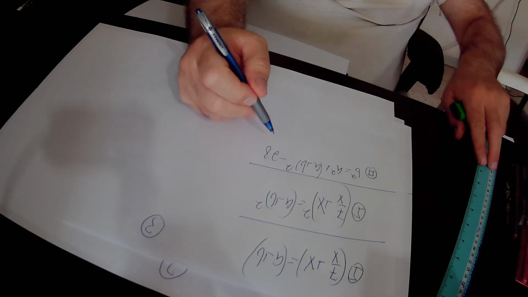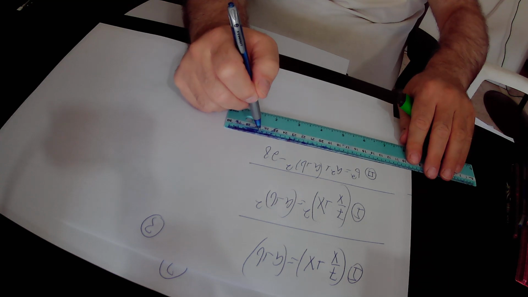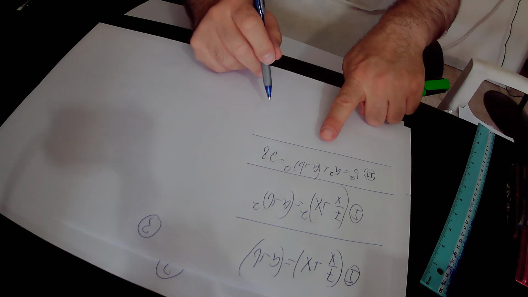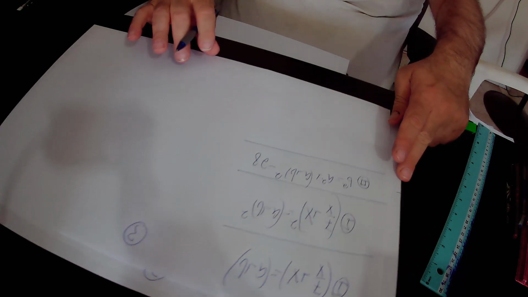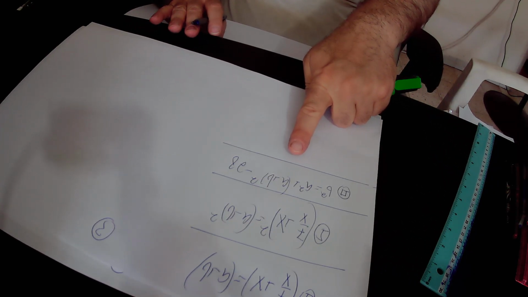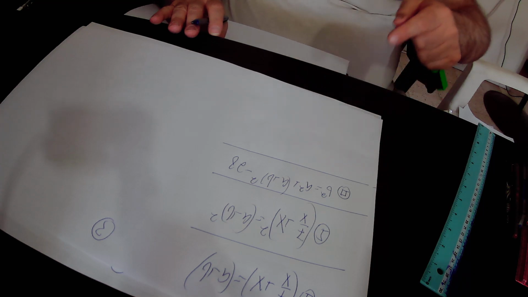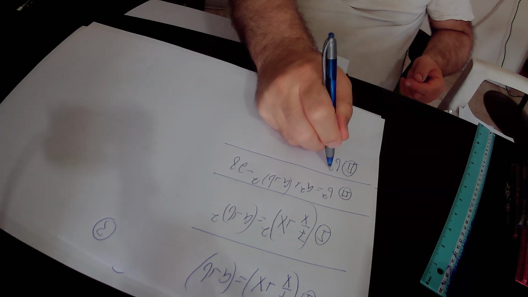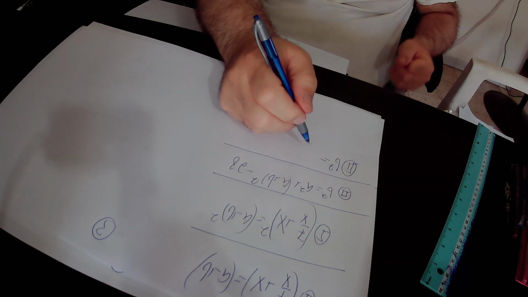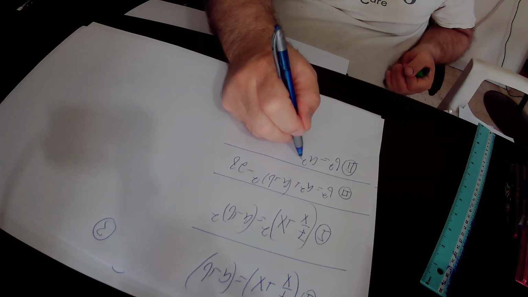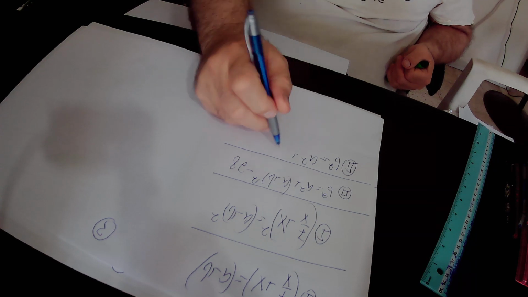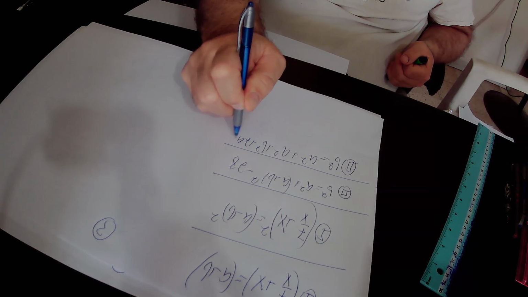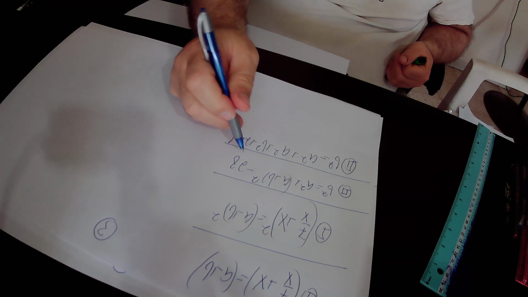So in conclusion we found that according to equation 2, b squared equals a squared plus a plus b squared minus 28. Here we open the brackets of this expression, and a plus b squared equals a squared plus b squared plus 2 times a times b, and here minus 28.